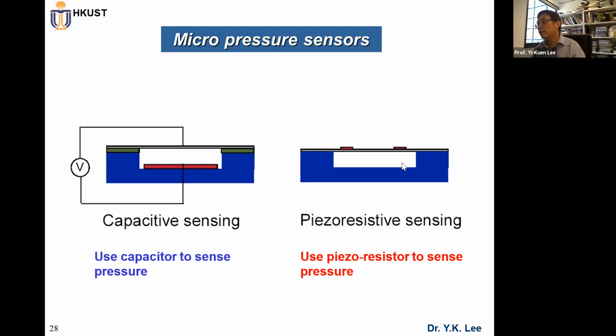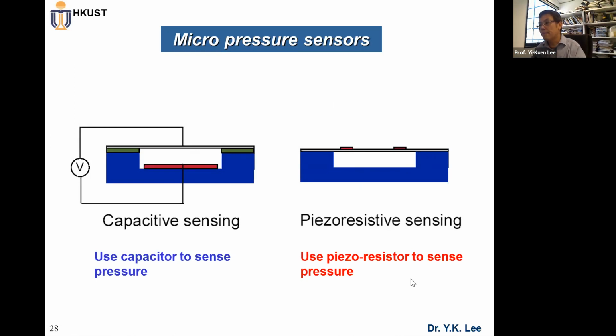Another thing is we can also make a micro piezoresistor. It's a resistance, but it's sensitive to input pressure. So once you apply pressure and change this pressure, it will change the resistance, and then we can also do this kind of sensing.